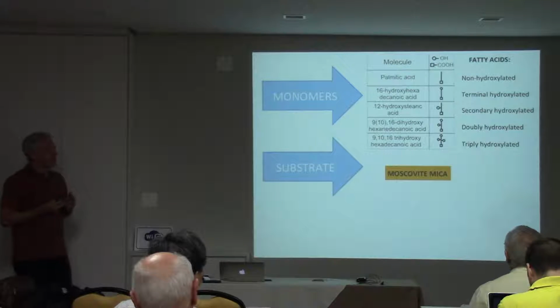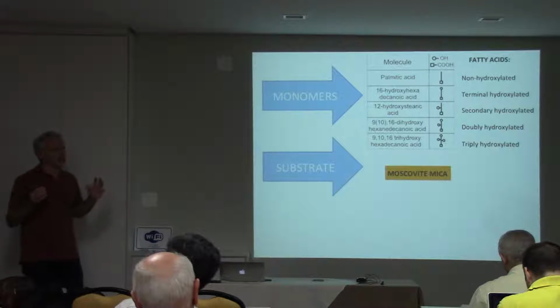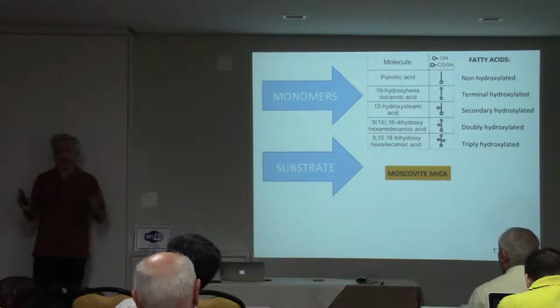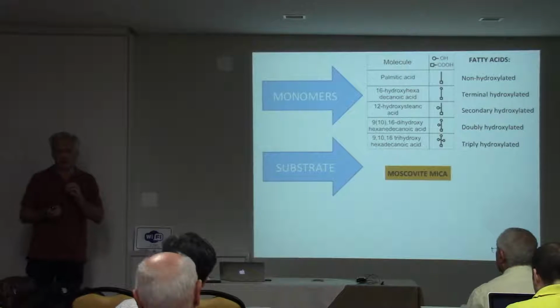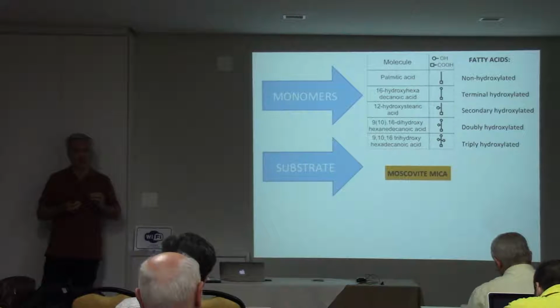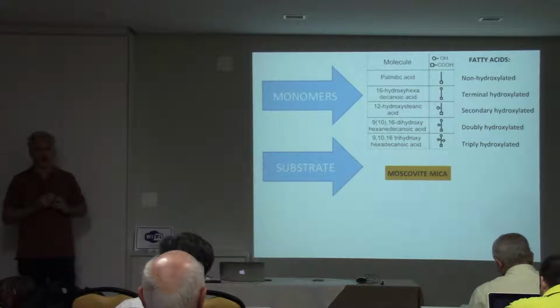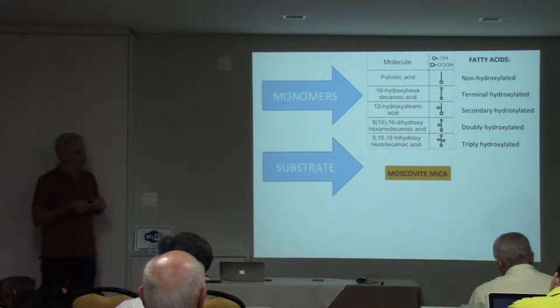So the interactions that basically control the process are the lateral interactions between the monomers, and not specific or covalent interactions like in the case of thiol molecules on gold, for example.